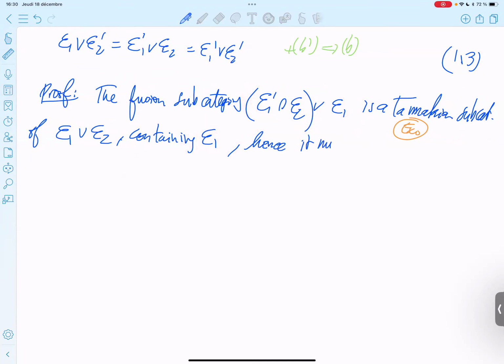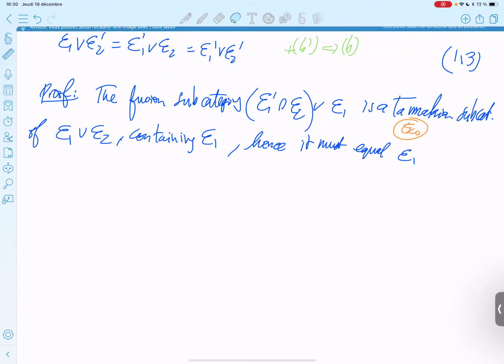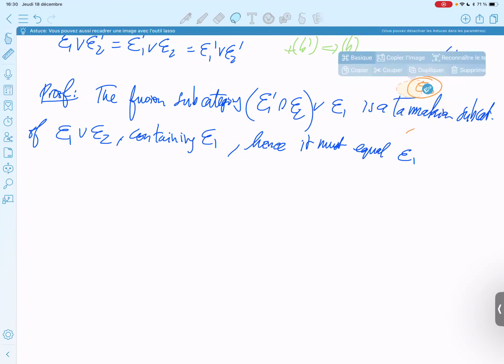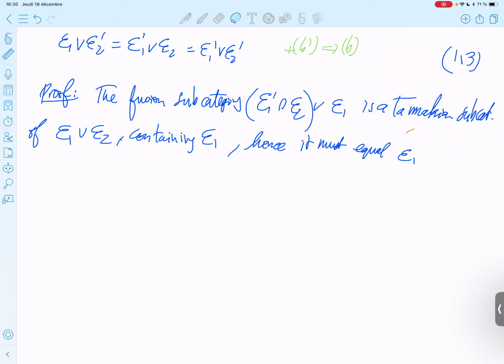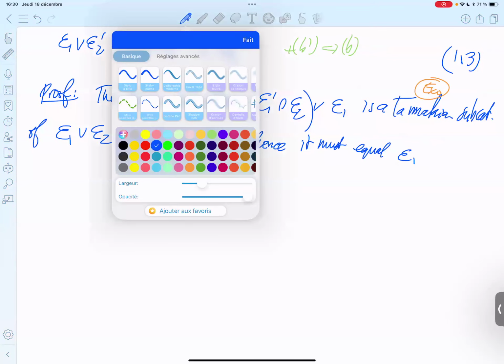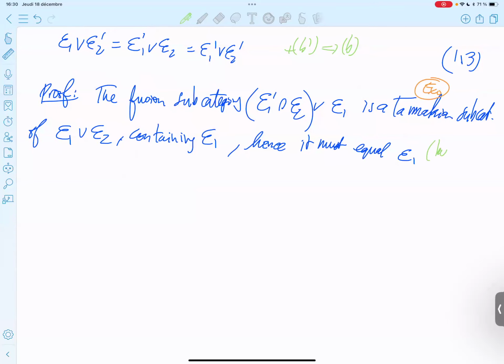Hence it must equal E1. And this is not the exercise. By maximality, so this is immediate.